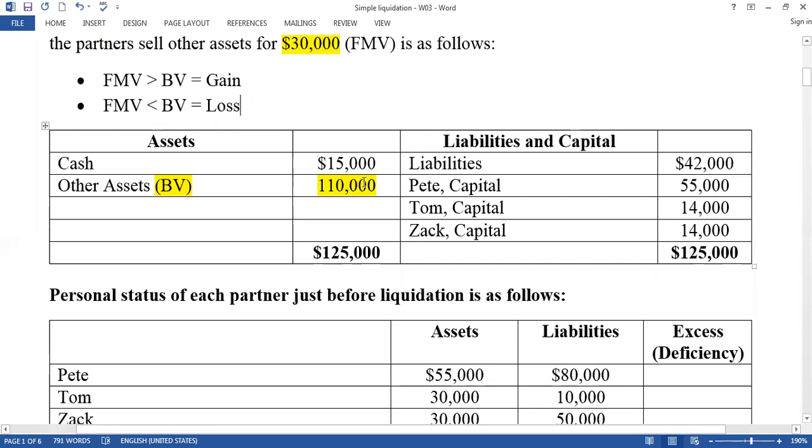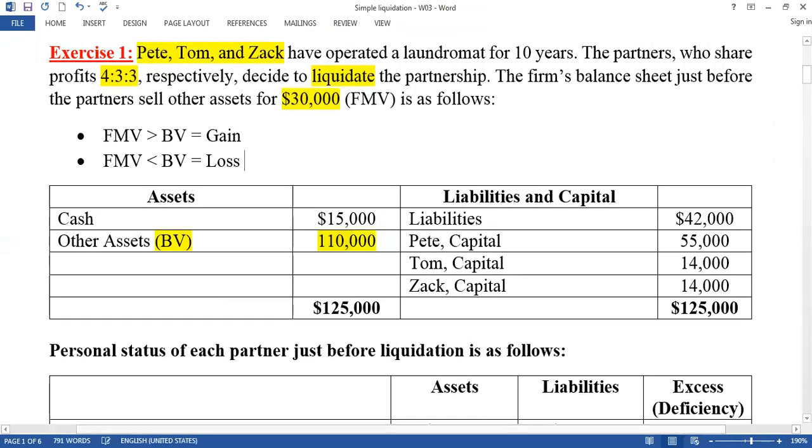So we know that book value is $110,000. Fair market value is $30,000, and it is lower than the book value of $110,000. That means $80,000 is the loss, right?